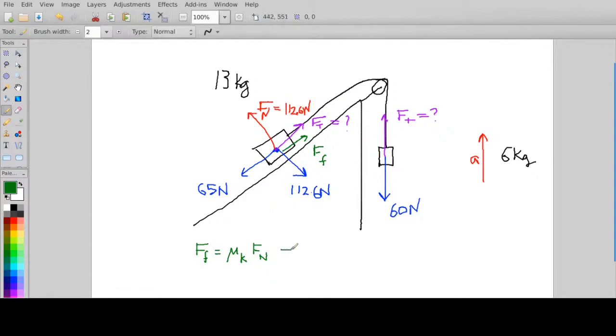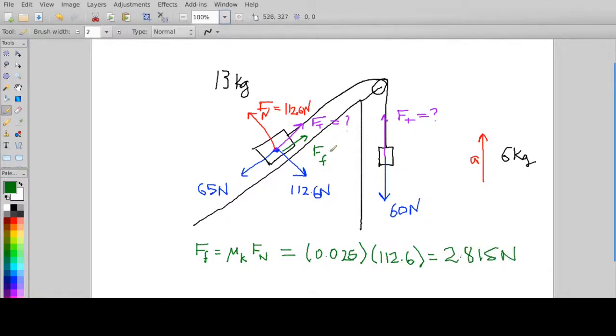So what are the numbers equal to? Well, what's this number equal to? It's 0.025 multiplied by Fn, which was 112.6 newtons, and that's going to equal 2.815 newtons, like that.